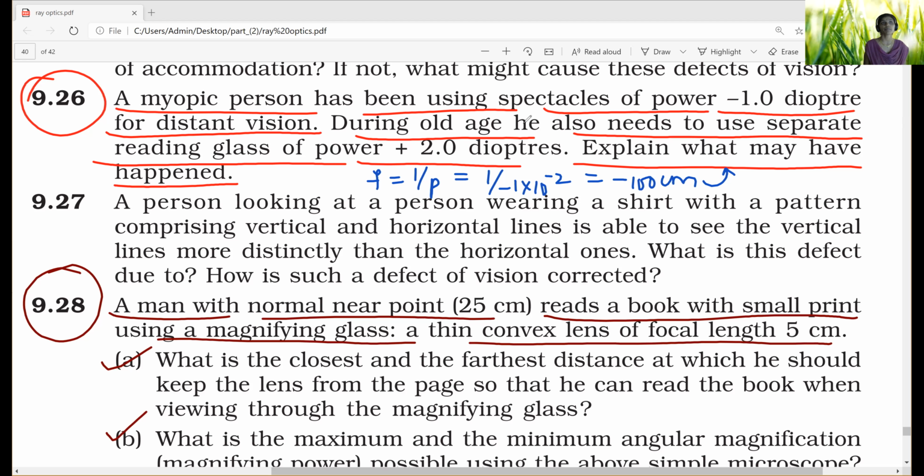Part A: what is the closest and farthest distance at which he should keep the lens from the page so that he can read the book when viewing through the magnifying glass? Part B: what is the maximum and minimum angular magnification possible using the above simple microscope? So let us see, by using the given data, we shall solve 9.28.